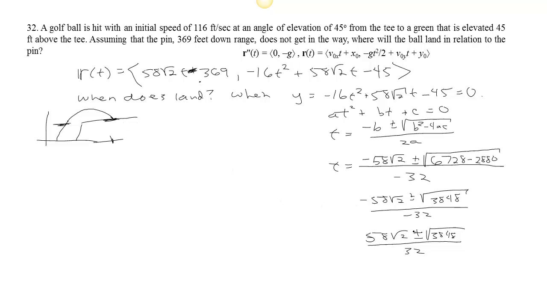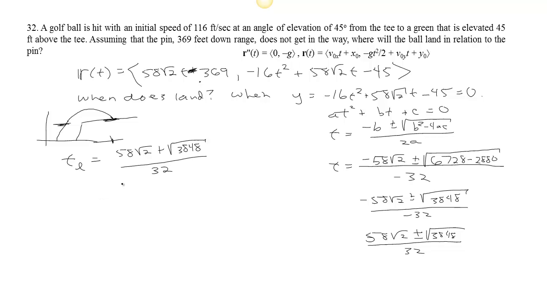If you take 58 root 2 plus this square root, that's going to be the later time. So if you use the plus sign, that actually gives us the later time. So I'll call it T sub L, the landing time, is 58 root 2 plus the square root of 3848 all over 32.